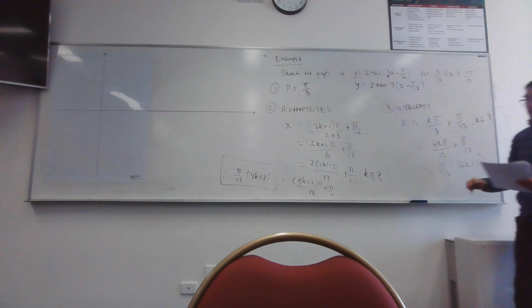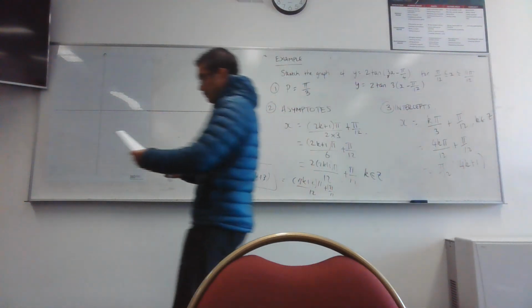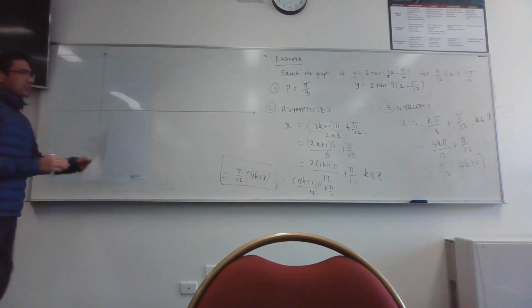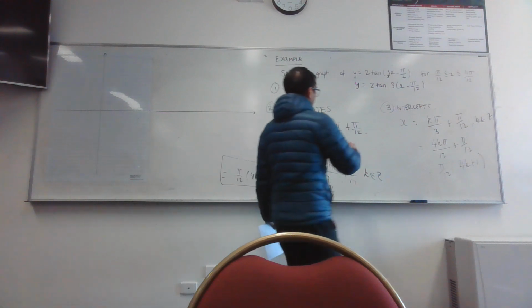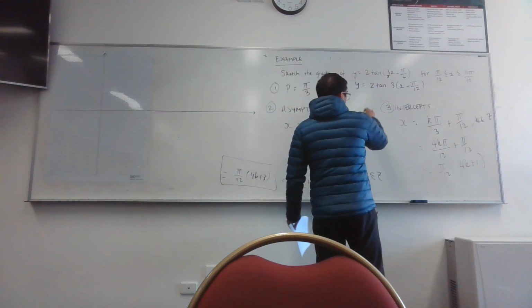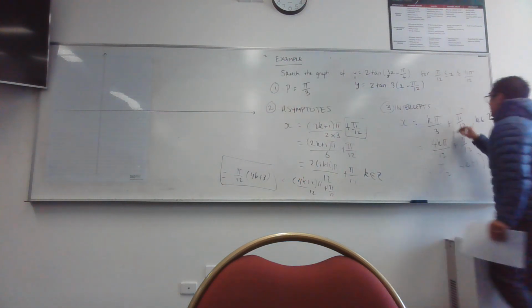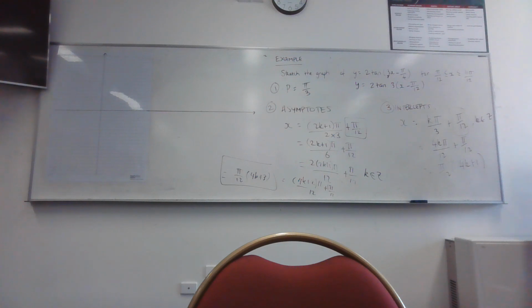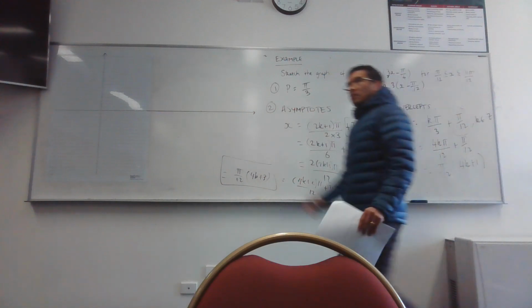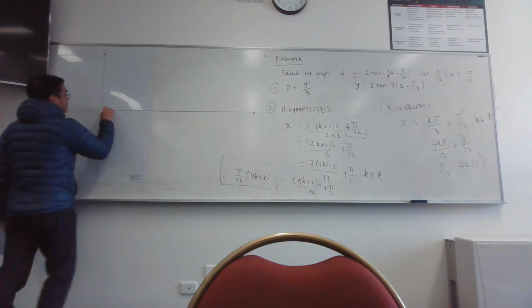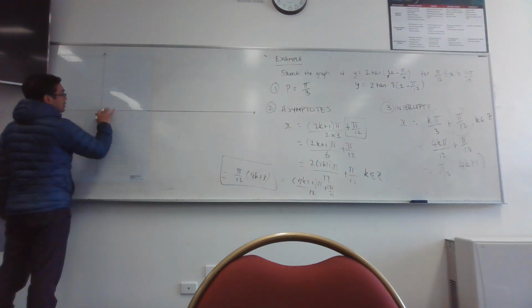So let's now go to the graph. You can see that the smallest fraction that's operating is pi on 12. So we use that as our gaps, as our increments. 1. Let's go.